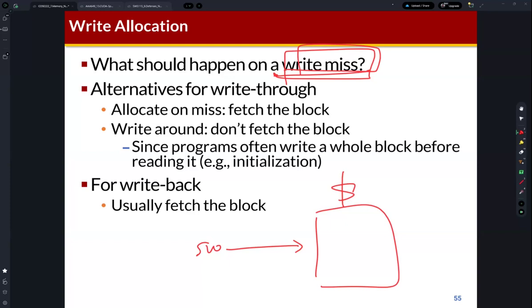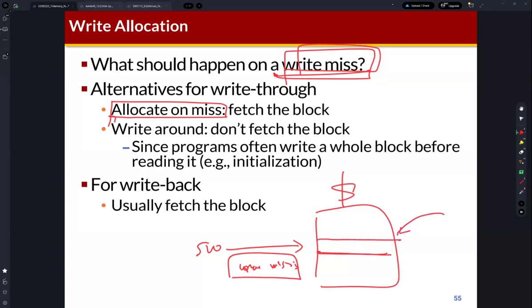So there are two possible policies. The first is allocate on miss. Allocate on miss means that, on a write miss, the cache block is allocated to the cache, fetched from the lower level cache or the main memory.